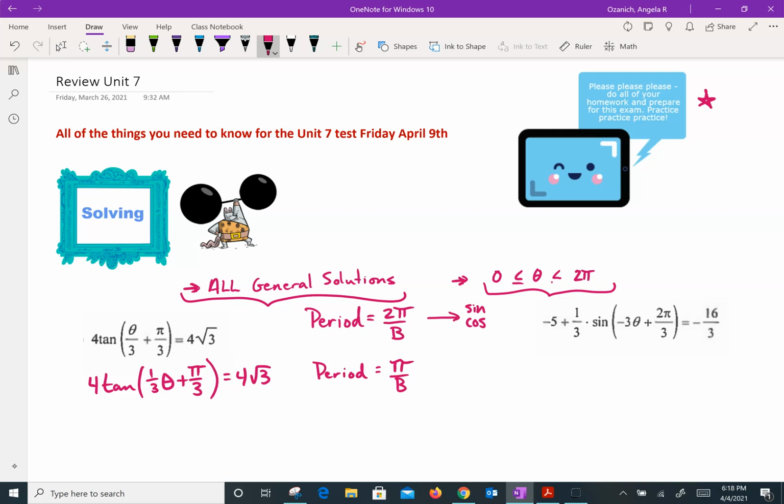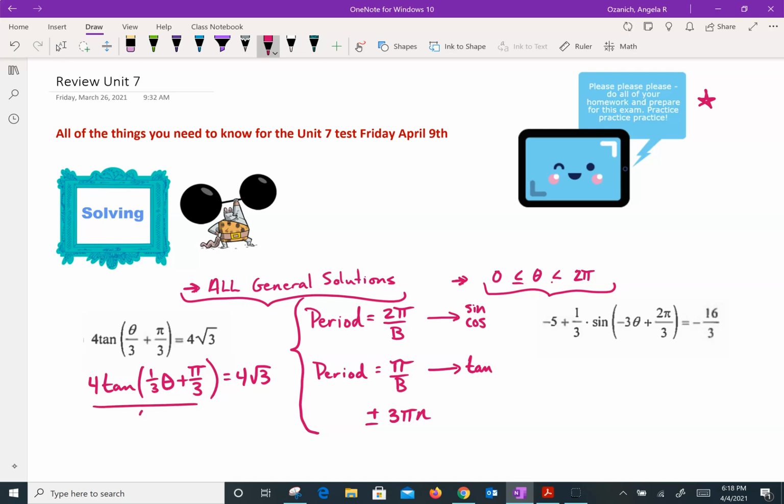Because this is true for our tangent functions, instead we're going to have plus and minus 3 pi n, or pi divided by 1/3. Okay, there we go. So be mindful of which function you're using as you're solving and what you're adding as the period. Super important.